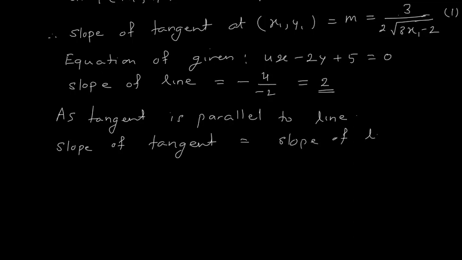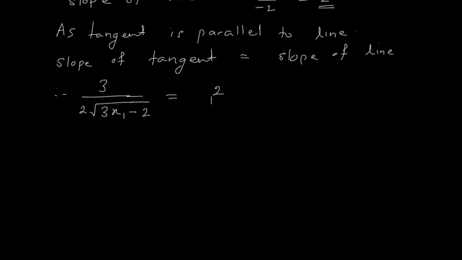Now the slope of tangent we have found is 3 upon 2 root 3x1 minus 2. Now this is equal to the slope of line we got, 2. So now we have to simplify this.